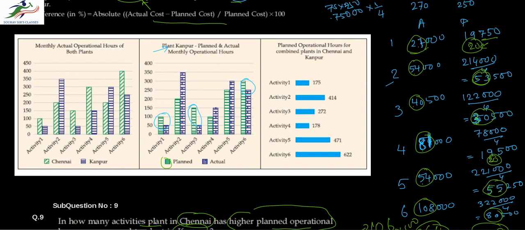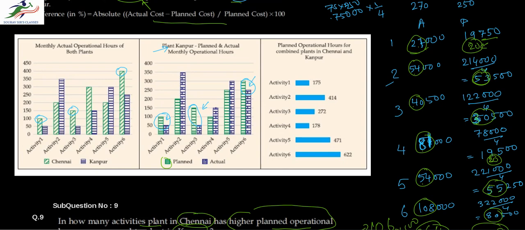And let's see the actuals for Chennai in these 3 activities. So in activity 1, Chennai had 100 hours, so it was able to meet the shortfall in this case. In activity 3, it had an actual of 150, so it will be able to meet the shortfall here.